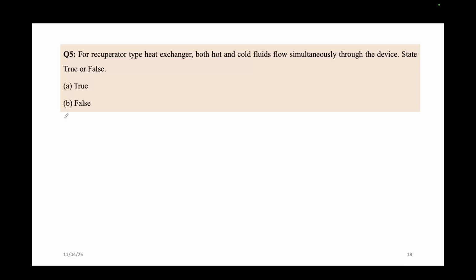Say a small model of a river-like structure where through a small channel hot water is flowing, and above it we are blowing cold air. What will happen? The heat transfer will take place.